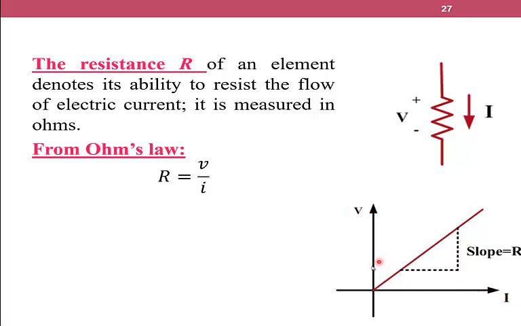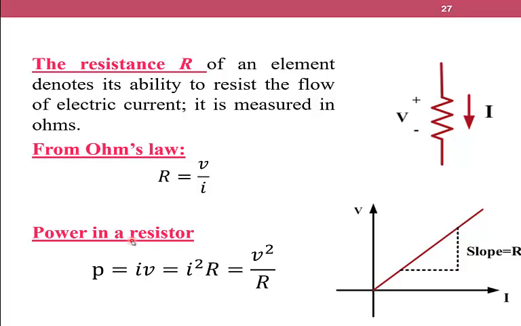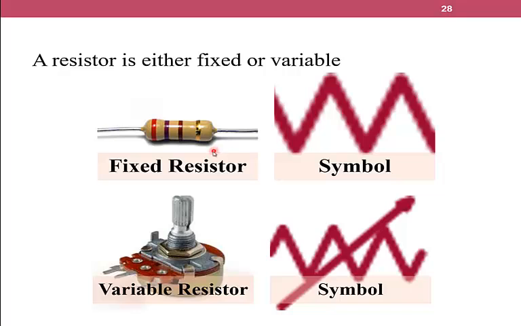If we increase current, the volt will increase, and the slope here equals the resistance. The power in a resistor is the multiplication of current with voltage, or I squared R, or V squared over R. Here we have fixed resistors and variable resistors, and we are going to use them in this lab or the upcoming labs.